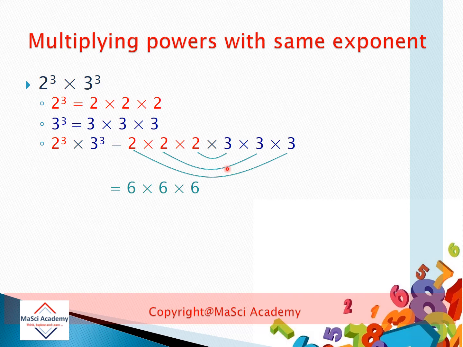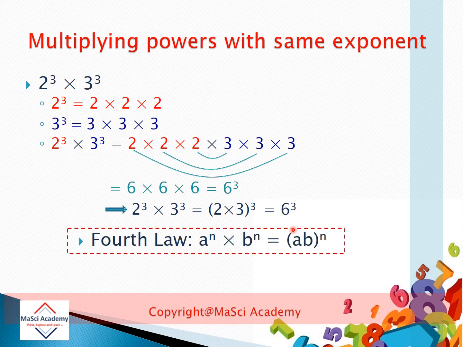So this becomes 6 multiplied by another 6 multiplied by another 6. That is 6 cube. So what do we see here? The two bases have actually been multiplied together and the power remains the same. So the overall answer becomes 6 cube in this case.